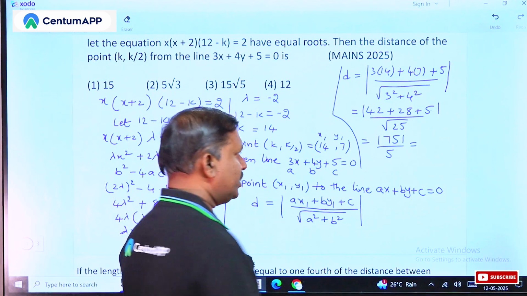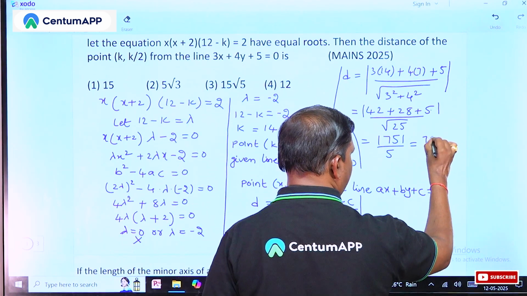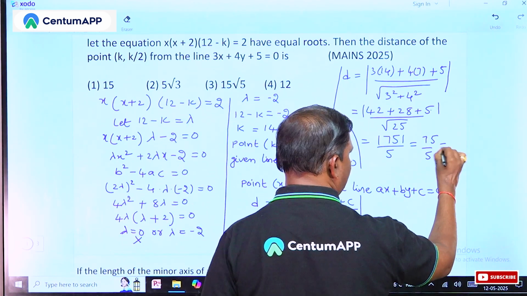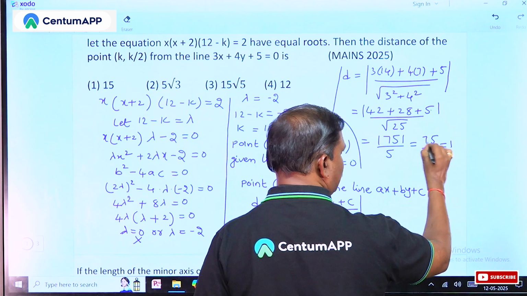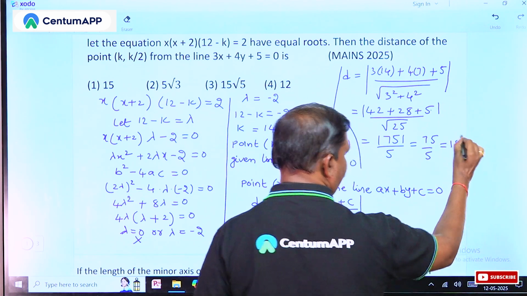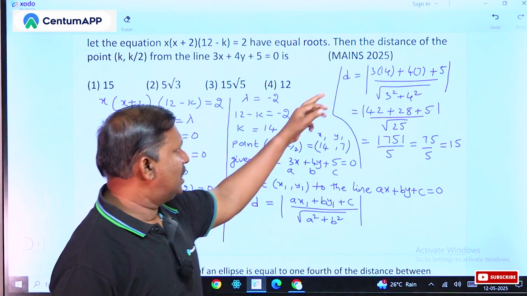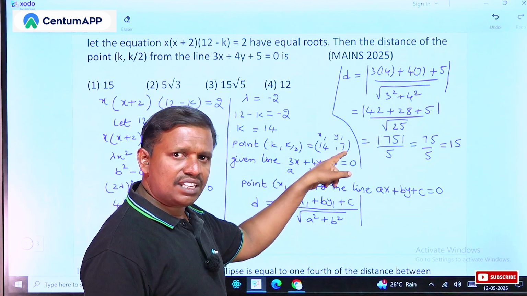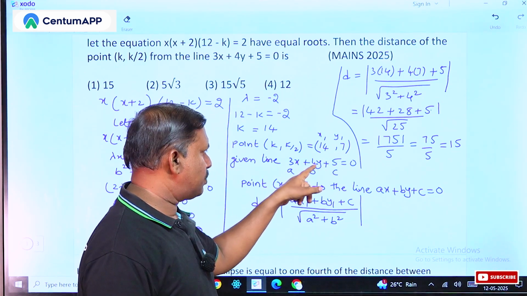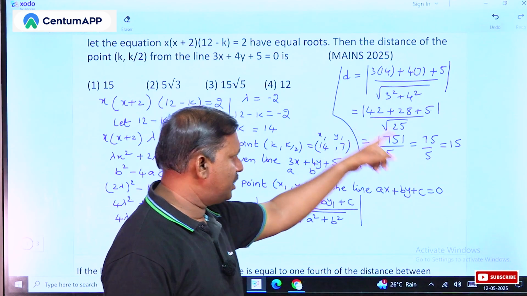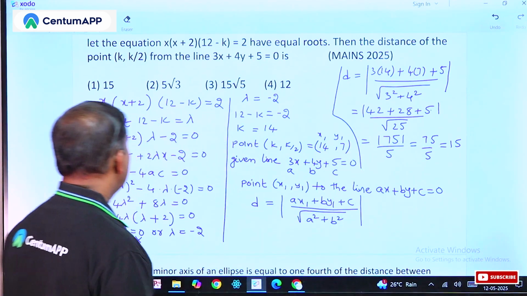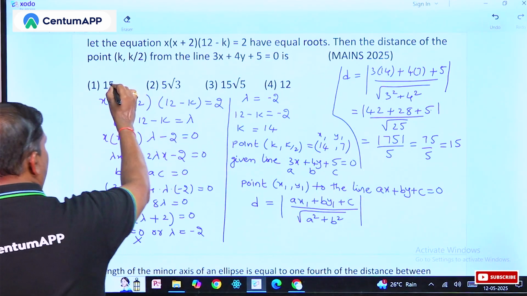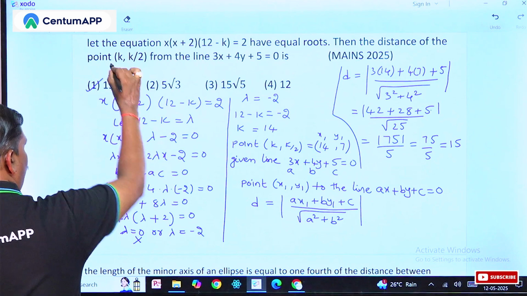Now simplify: 75 by 5 is 15. We got the distance from the point (14, 7) to the line 3x plus 4y plus 5 equal to 0 is 15. That's why see options, our correct option is 1.